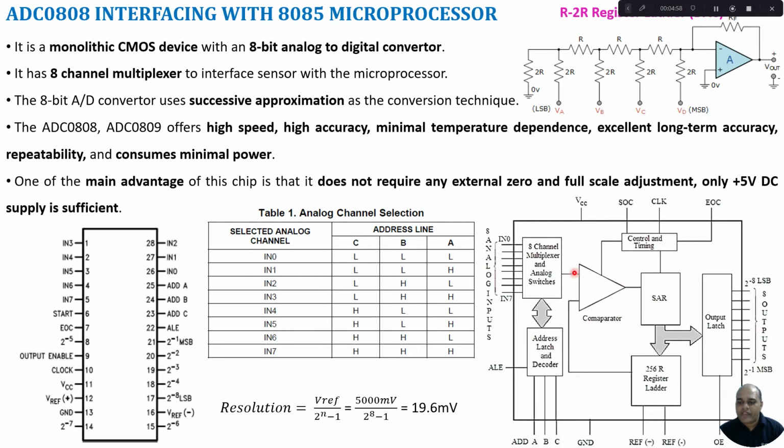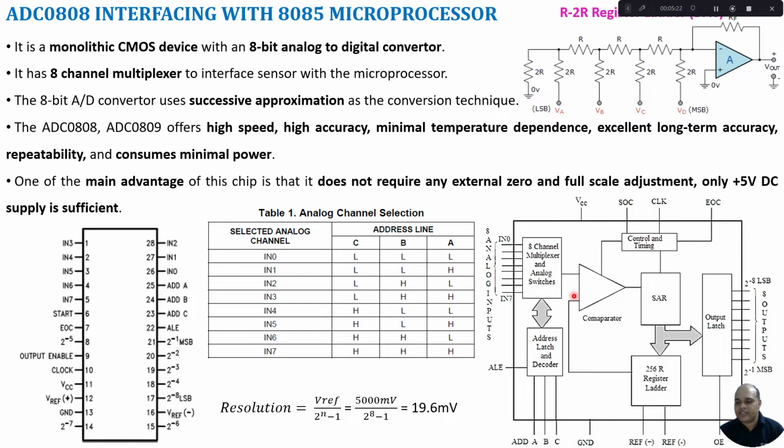We can connect up to 8 sensors, IN0 to IN7, to this 8-channel multiplexer. This multiplexer selects a particular input and gives that voltage to the comparator. Now this input voltage is compared with the R2R ladder generated voltage.